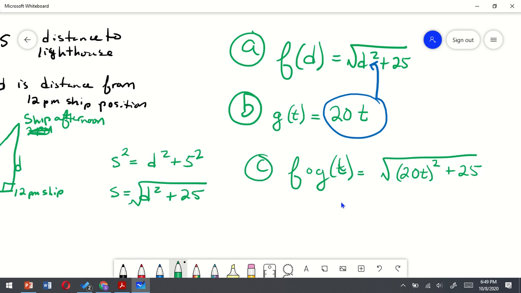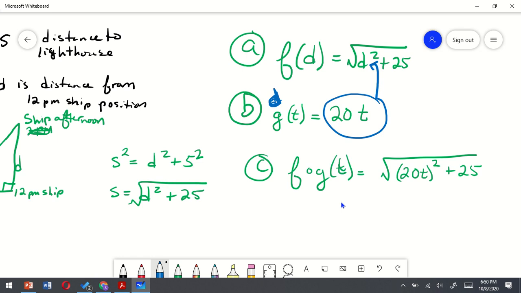And this equation, what does it represent? Well, remember this g of t represented the distance. This is d, basically. g of t was another way of writing d. So we're going to take the distance based on time. We'll be able to calculate the distance the ship traveled.